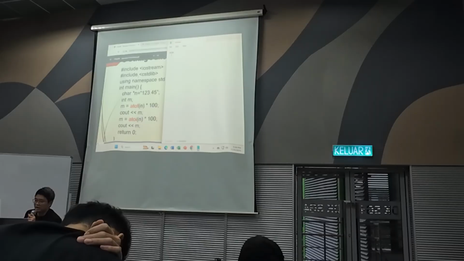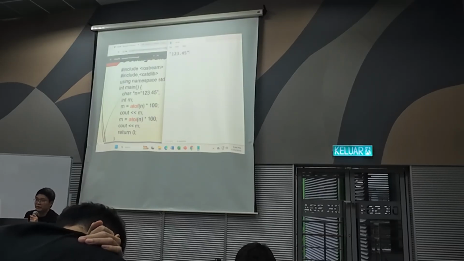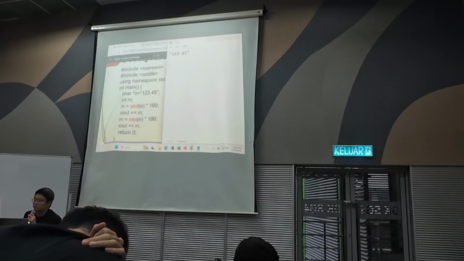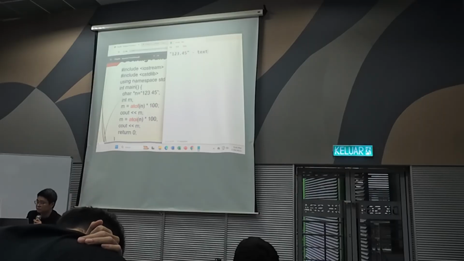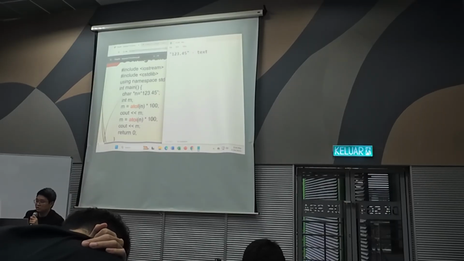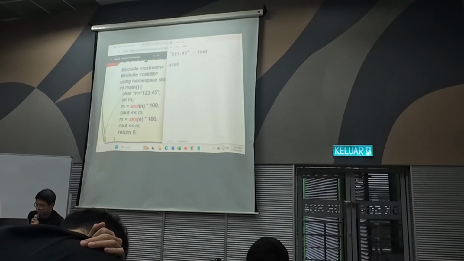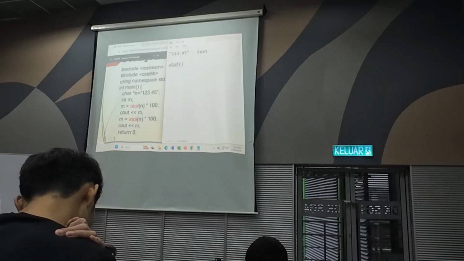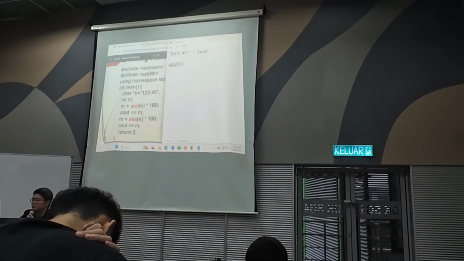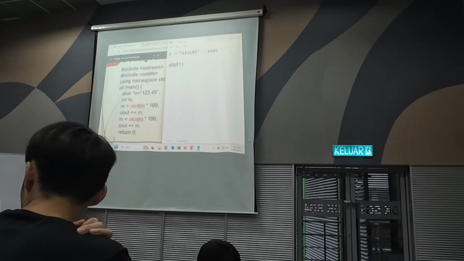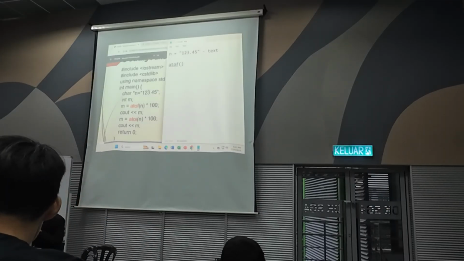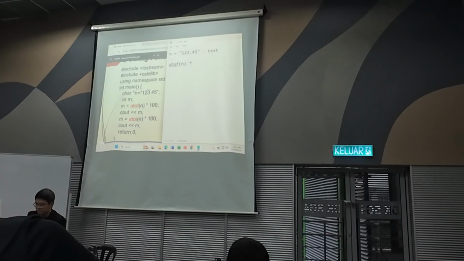If you have this code with double quotes, everything inside is actually a text. You cannot do mathematical operations here. You want to convert this text into a number to do mathematical operations, so you use this atof to convert to double. Then you put in n, and then you times 100.